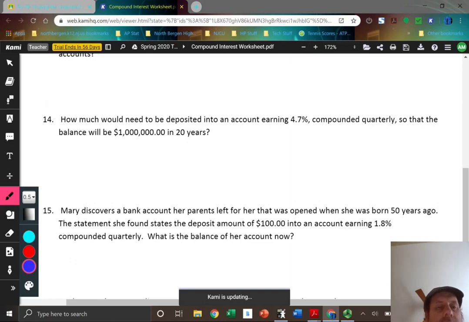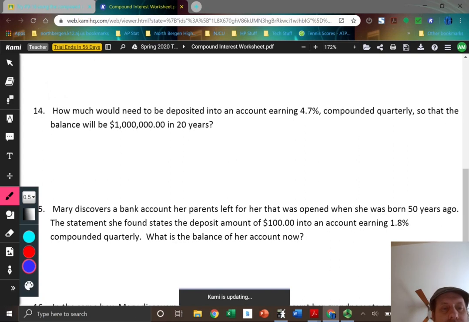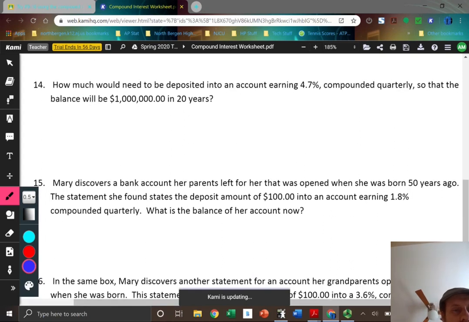Okay, so again, now we're going to have to figure out the principal. The formula, actually I'm going to write it up above so I have more room, is y equals a times 1 plus r over n to the nt power. All right, so what do we know? 4.7 is the rate, so the rate is 0.047.